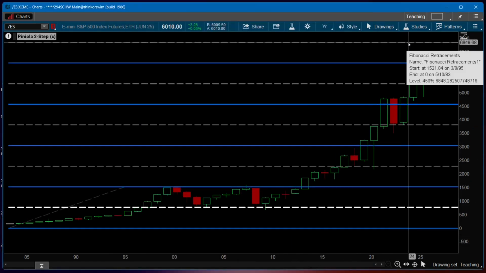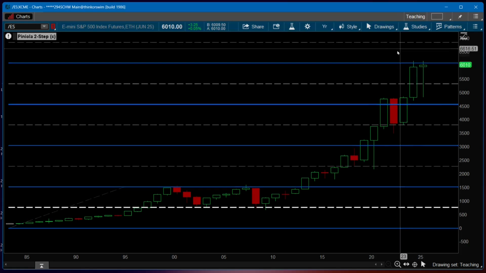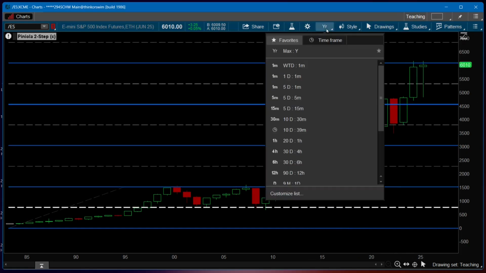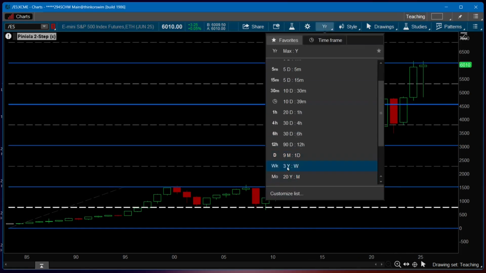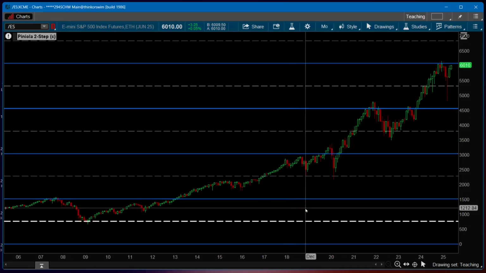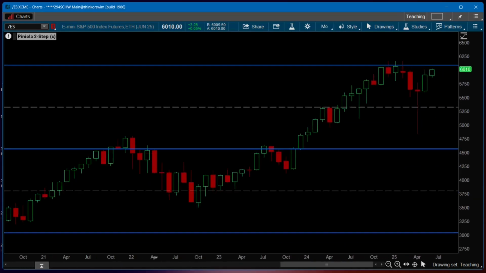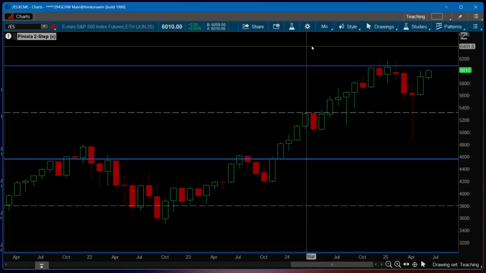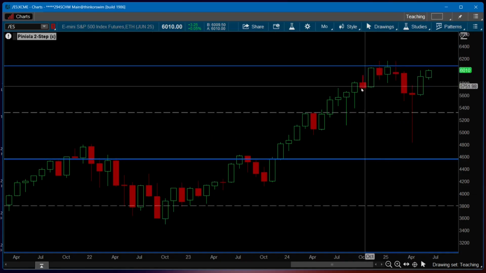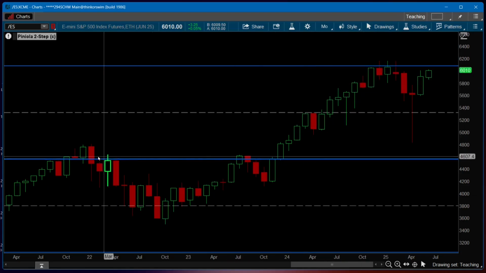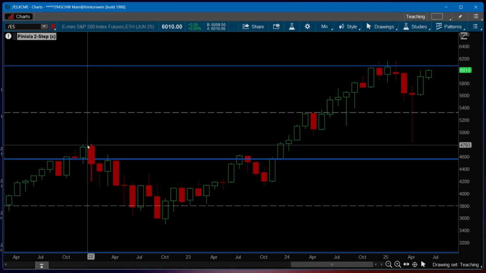Okay, so the next major level is up around 68.50. Okay, it respected that level pretty well. It respected this level pretty well, even though it broke above.